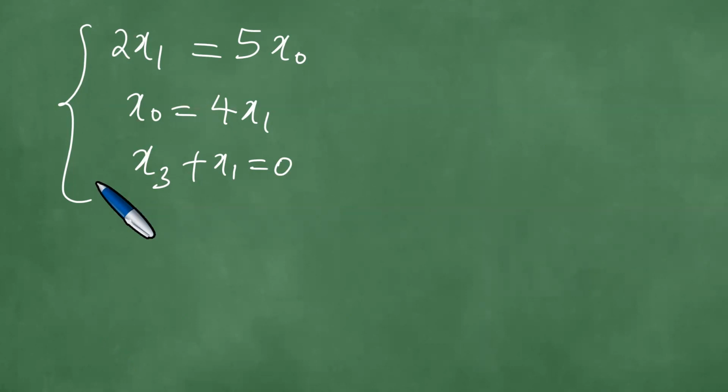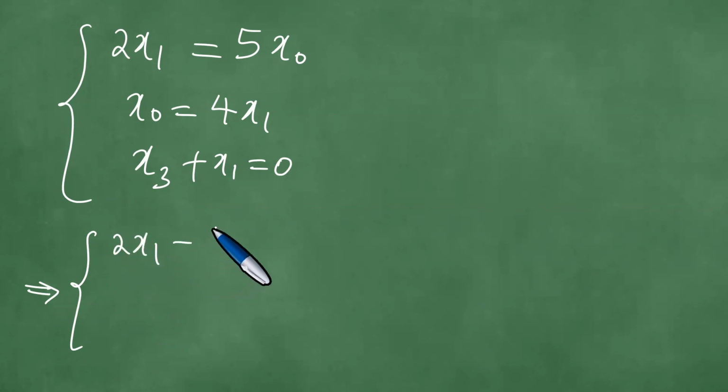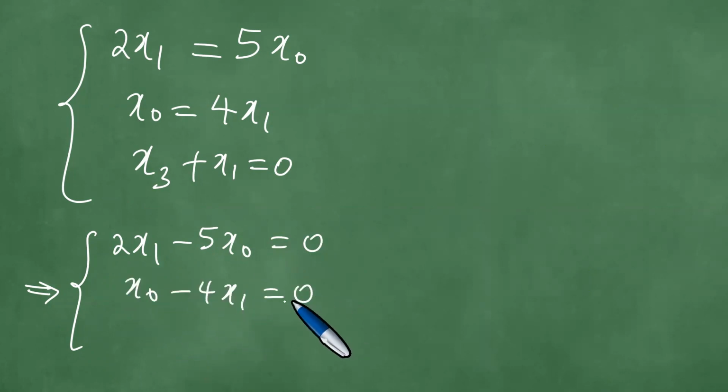But it is very popular to express it in the form 2x1 minus 5x naught equals 0, x naught minus 4x1 equals 0, x3 plus x1 equals 0.